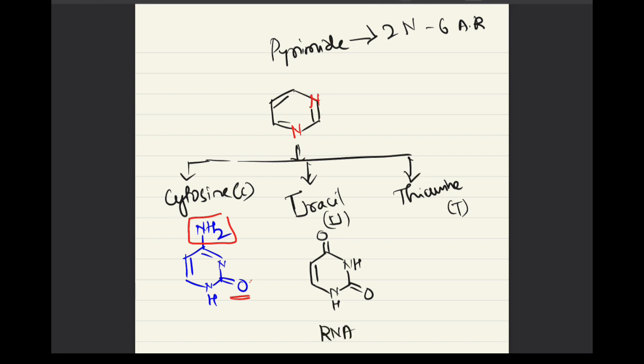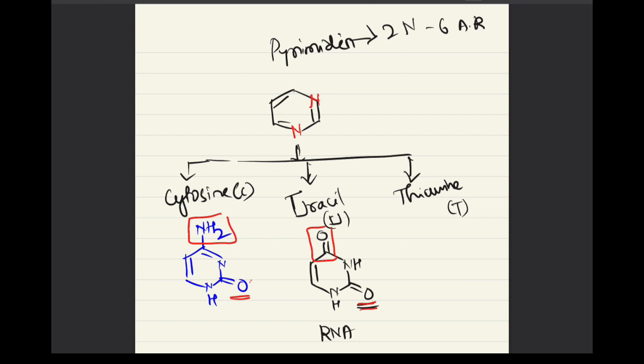What is the difference between cytosine and uracil? That is, an extra C double bond O is present, as in the case of cytosine, C double bond O is at that place and there is one more C double bond O. Amine is replaced by C double bond O.